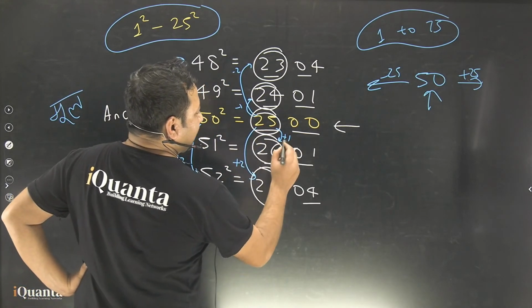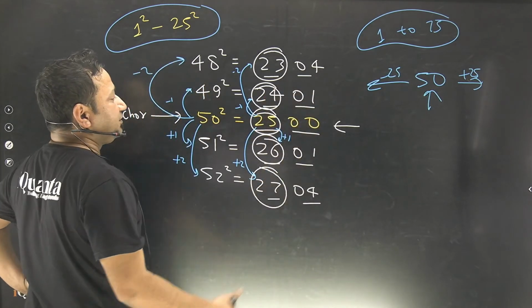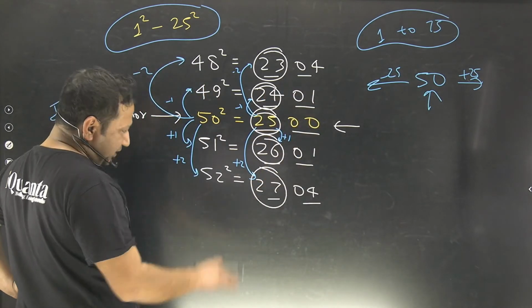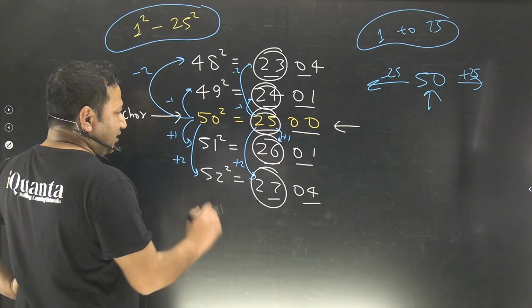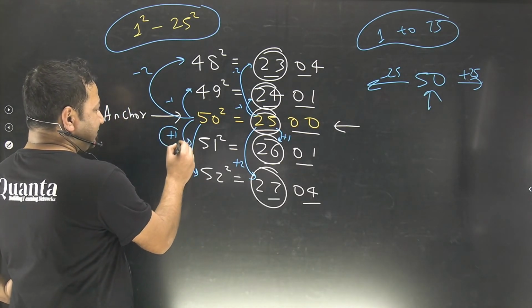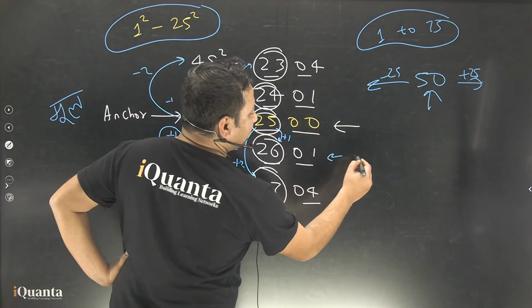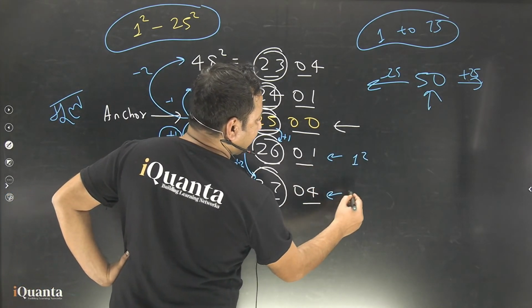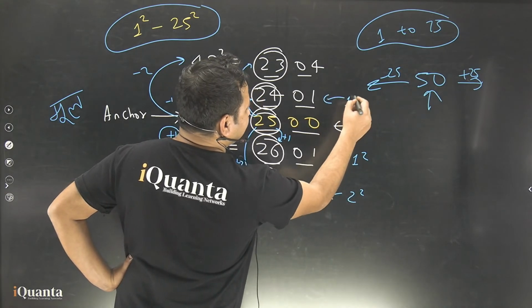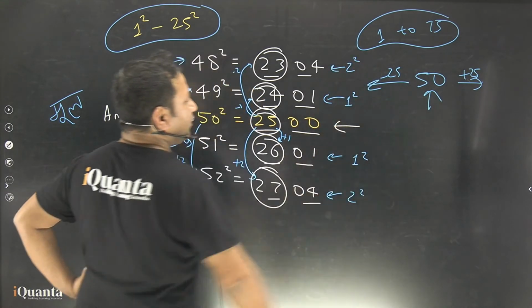There needs to be a pattern in the last two digits also. The pattern was kind of unknown, but if you look at it closely, you understand that here the excess of 1, 50 plus 1, this one is nothing but square of 1. This is nothing but square of 2. Isn't it? We got the pattern.